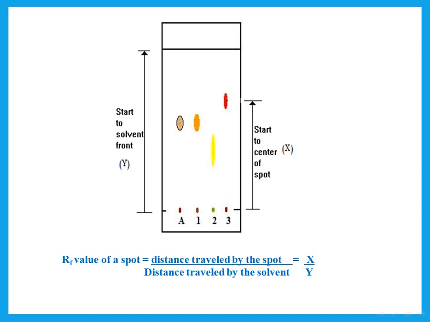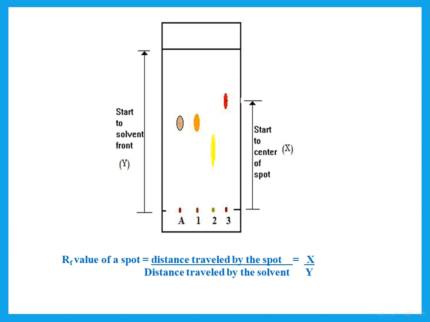Now, once we have many of them, I want to know if sample A contains 1 or 2 or 3. So I put all of them on the same line, and if they go up the same height, then they are present. So for example, in this chromatogram, A contains sample 1, but not 2 or 3.